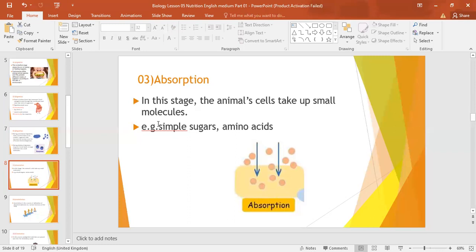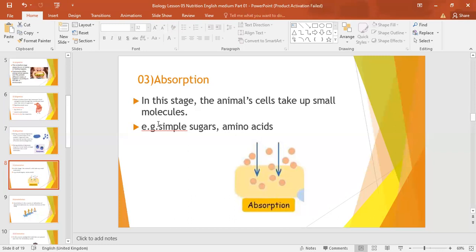If it is a carbohydrate, if it is a starch, then starch should be broken into maltose, and maltose should be broken into glucose. That means if it is a complex carbohydrate or polysaccharide, this polysaccharide should first be broken into disaccharides, and disaccharides should be broken into monosaccharides. The simplest mode of organic compound, that means simple sugars in carbohydrates, can be absorbed by cells.